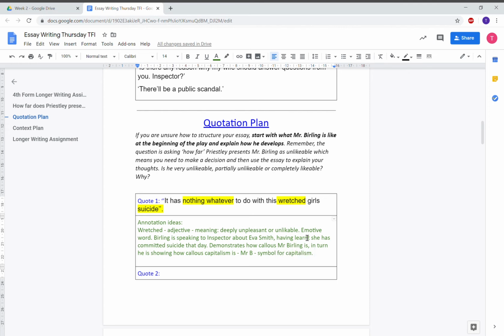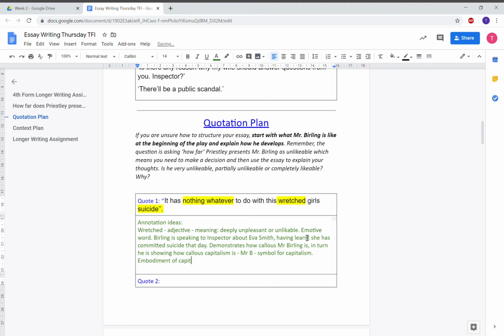He is callous and he is selfish because he is the embodiment of capitalism. For those of you who don't know what that means, if you embody something, it means that you act out those particular traits, okay? So he is the physical representation, the physical manifestation of capitalism.